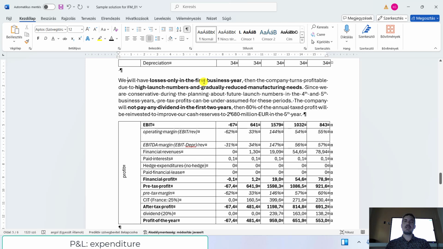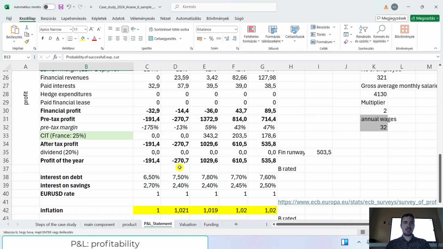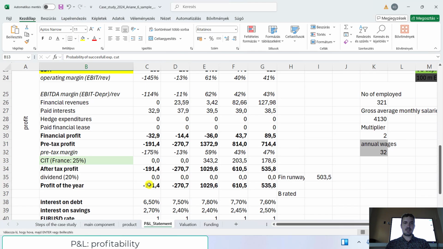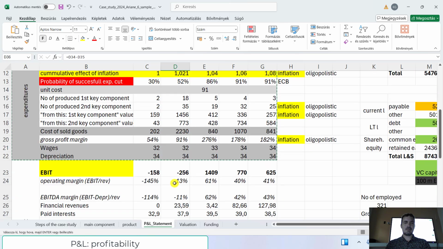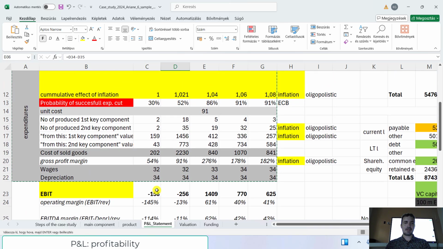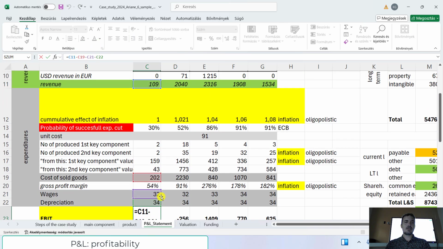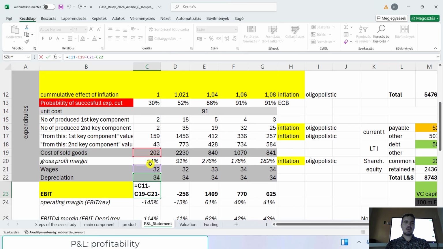We will have losses only in the first business year, do we? What happened here? Okay, revenues minus cost of sold goods minus wages minus depreciation.